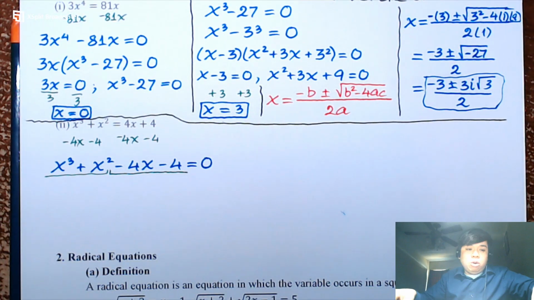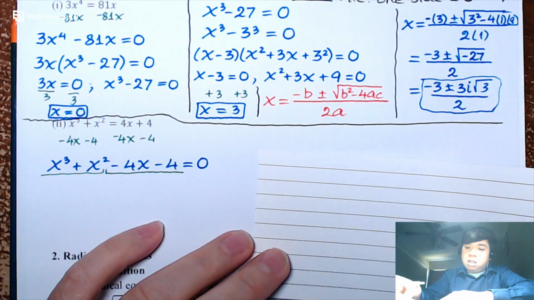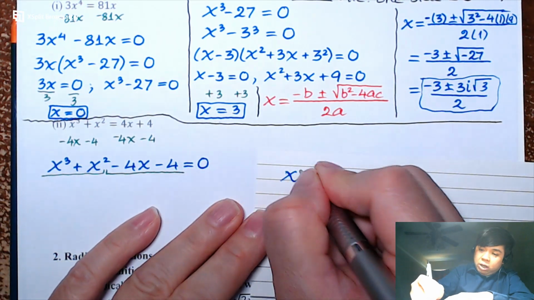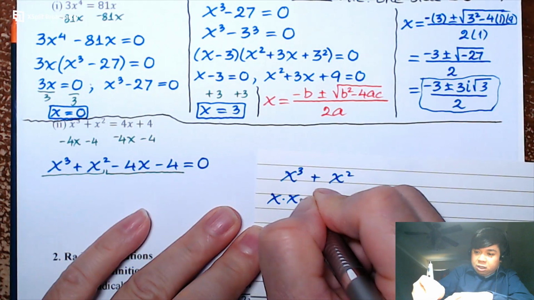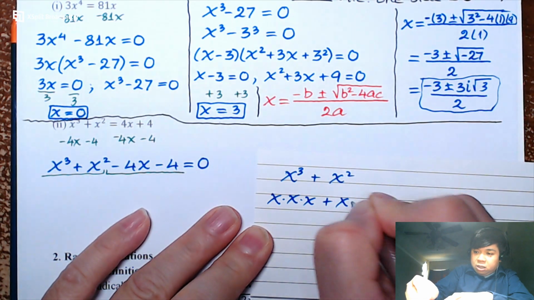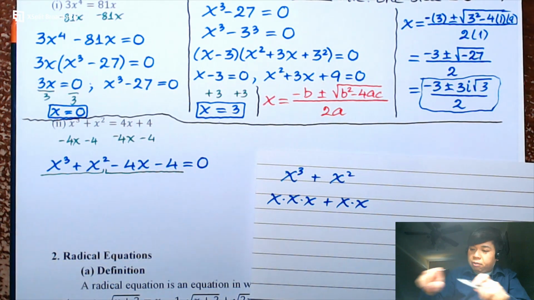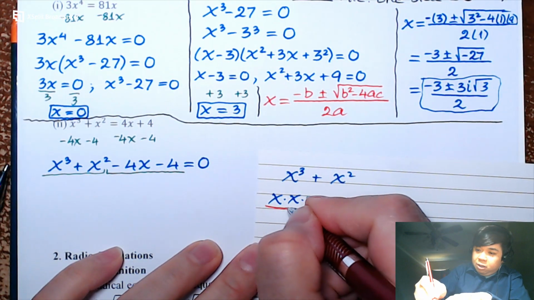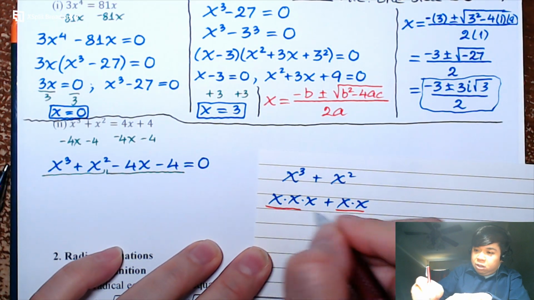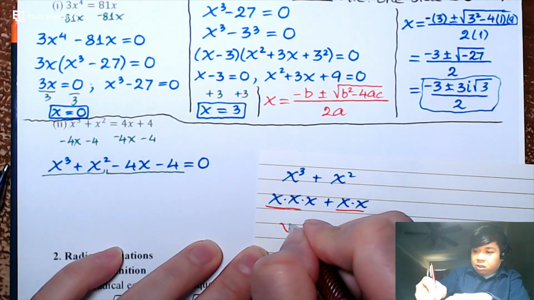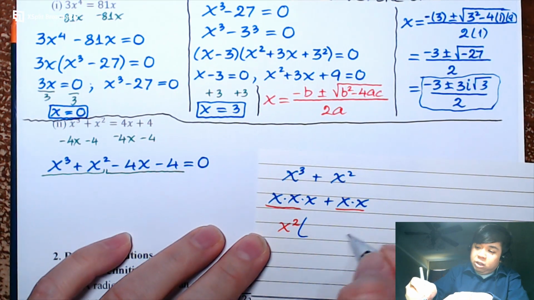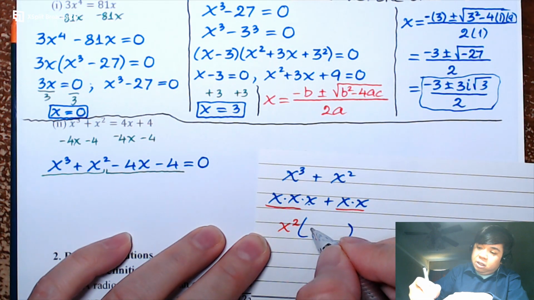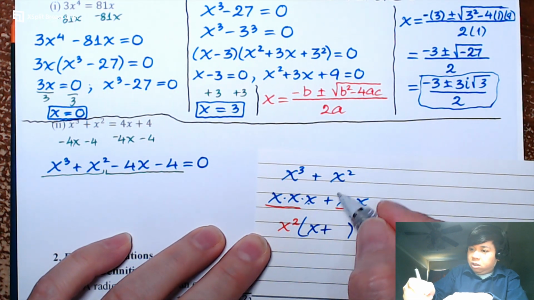Now what do the first 2 have in common? If we spell it out like this, x cubed plus x squared. X cubed is x times x times x, and x squared is x times x. Factor out the x times x, which is x squared, common, and we are left with an x plus, have to write 1 there.